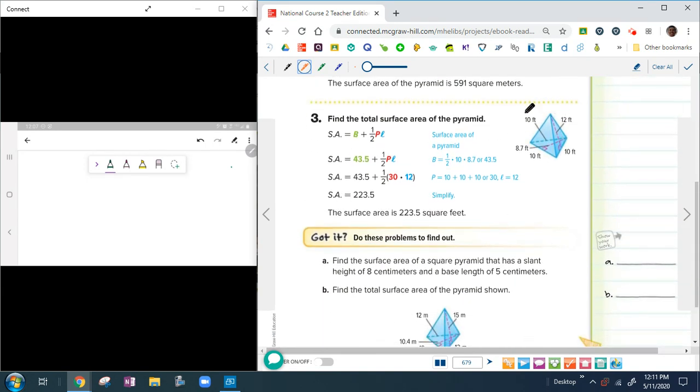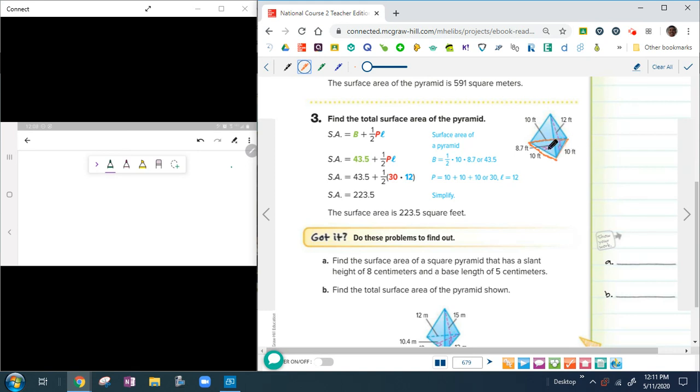We see that this is a triangular pyramid. I'm going to read the directions this time. Find the total surface area of the pyramid. All right. So they didn't give us the big B in this case, so we're going to have to find it. And luckily, I see that the base here tells me everything I need to know.